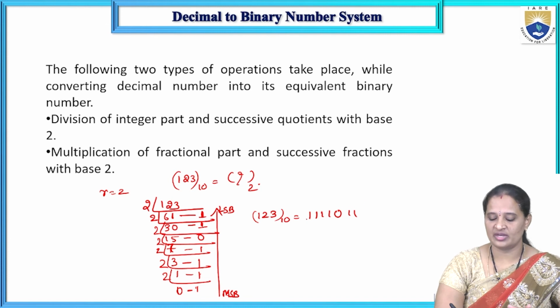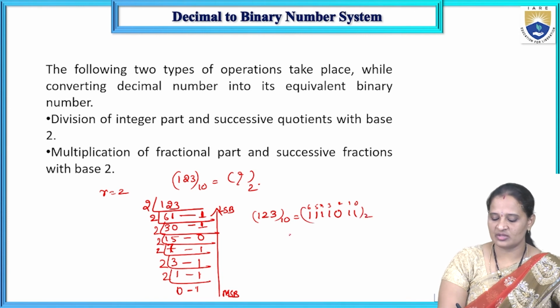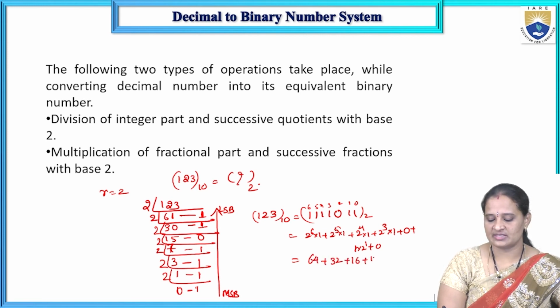How can I cross check whether it is correct or not? Using positional weights 0 1 2 3 4 5 6, this is a binary number, right? What are the positional weights here? 2 power 6 into 1 plus 2 power 5 into 1 plus 2 power 4 into 1 plus 2 power 3 into 1 plus 0 into anything, it is 0, plus 1 into 2 power 1, plus 1 into 2 power 0. So 2 power 6 is 64 plus 32 plus 16 plus 8 plus 0 plus 2 plus 1.